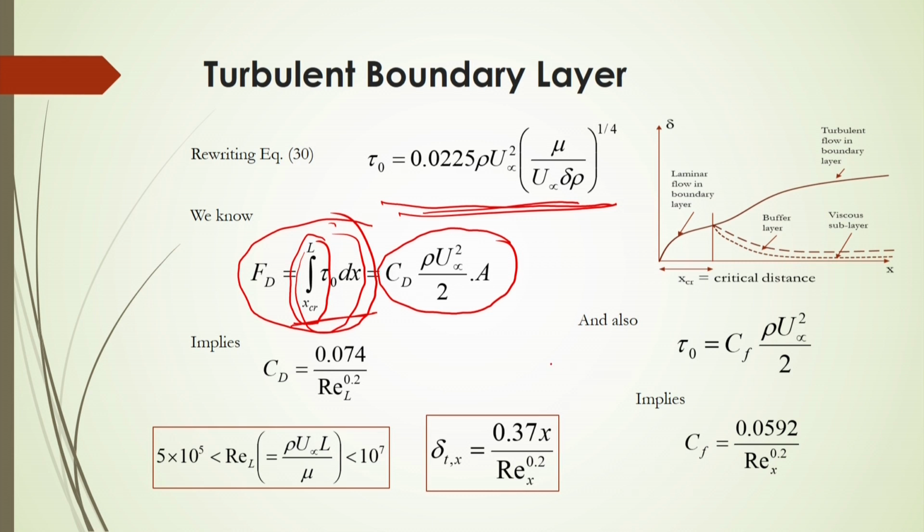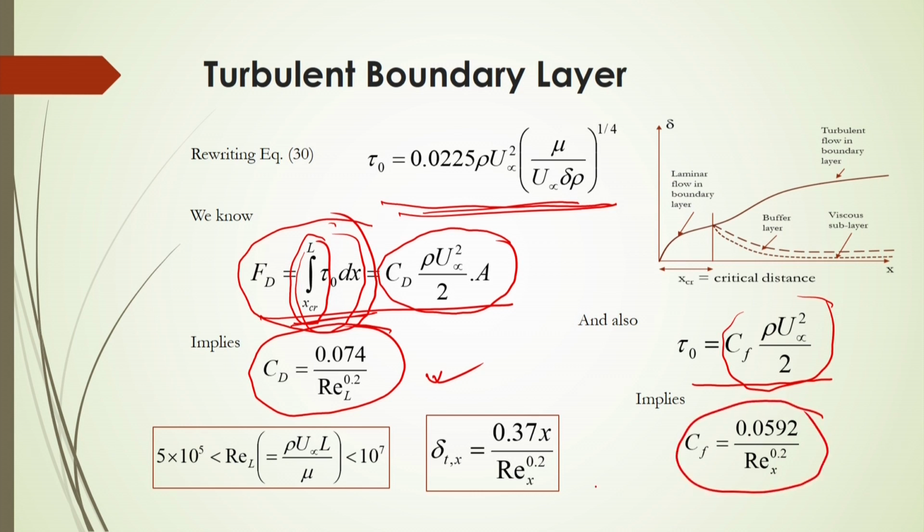Again this total drag force will be equated with the definition of drag force as C d into rho u infinity square by 2 into A, and based on this equality we can get C d, the drag coefficient, called the mean drag coefficient. Also, by defining shear stress in terms of the local drag coefficient and equating with tau 0, we get C f.